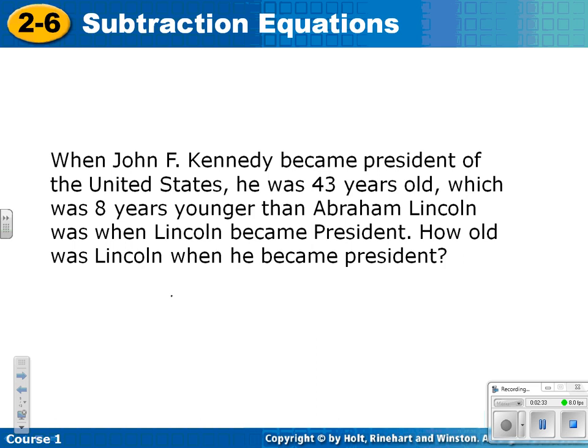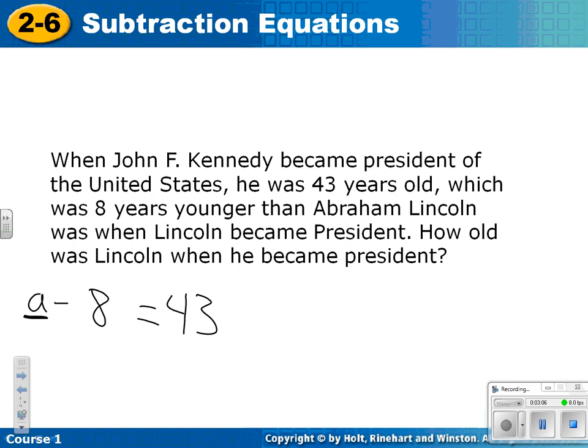So we have the number 43, which was 8 years younger than Abraham Lincoln. So we'll put A for Abraham minus 8 equals 43. Do you see that? Whatever Lincoln's age is, which is the letter A, minus 8 is 43.